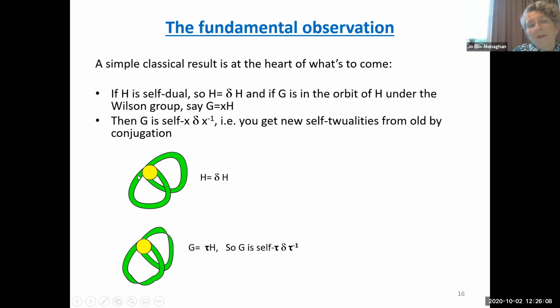So here's a graph that's self-dual. This graph here is the twist of H. It's what you get if you give each of the edges a half twist. But because H is self-dual, this graph here we know immediately is self tau delta tau inverse.